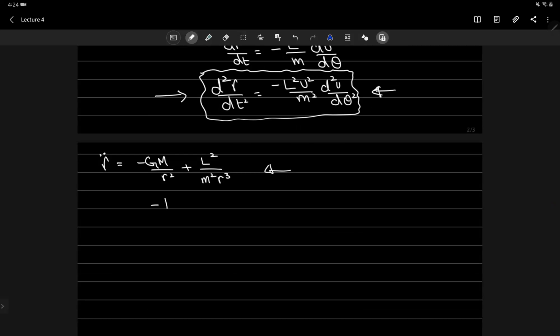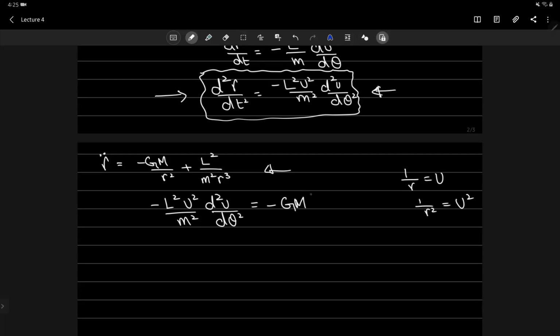We would have minus L squared u squared over m squared d squared u over d theta squared is equal to minus GM, but we know 1 over r is u, so 1 over r squared is simply u squared.